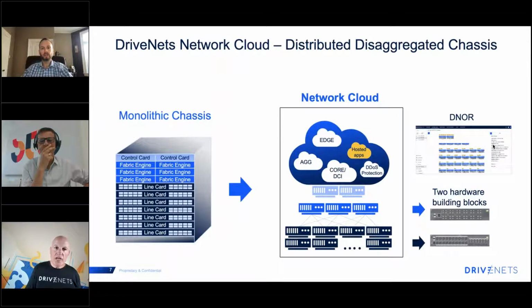We have another type of white box called the NCF, the Network Cloud Fabric, that does the fabric role. We have the NCC, the Network Cloud Control, that does the control card, and on top of all of those, we have the network functions. So basically, we have a white box or a hardware instance for each function within a chassis.